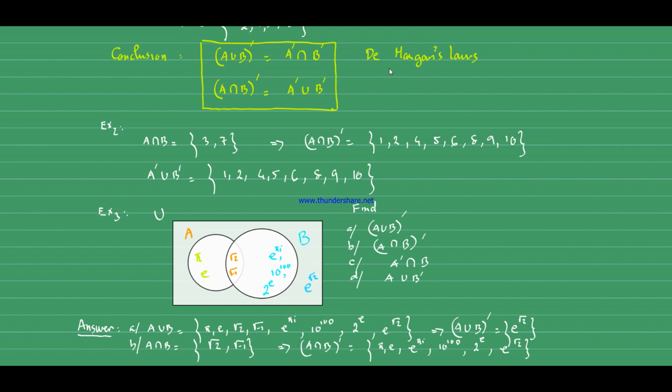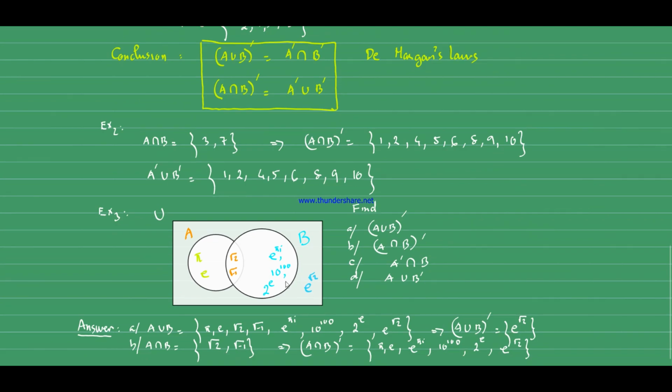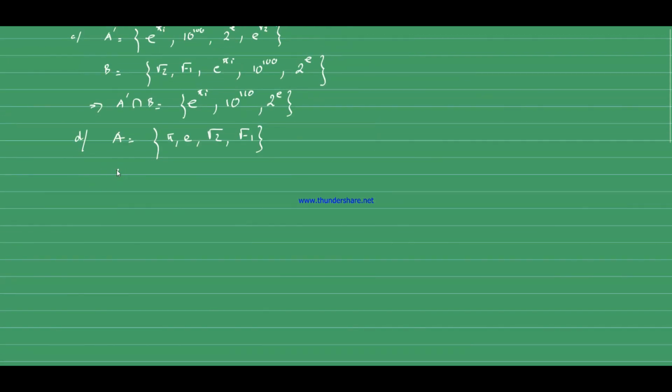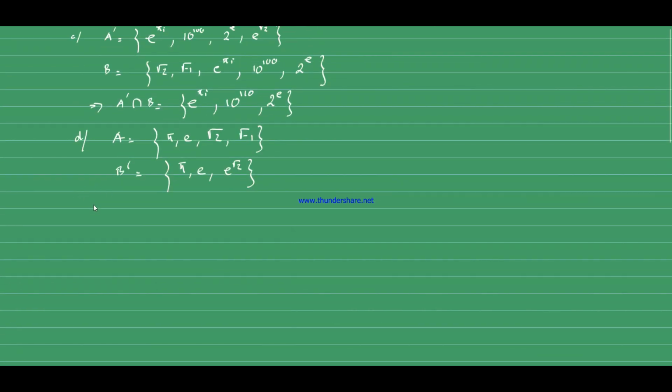So A is pi, e, square root of 2, square root of negative 1, and the complement of B is pi, e, and e to the square root of 2. Then we go ahead and find the union. A union the complement of B will be everything: pi, e, square root of 2, square root of negative 1, and e to the square root of 2. There you go.